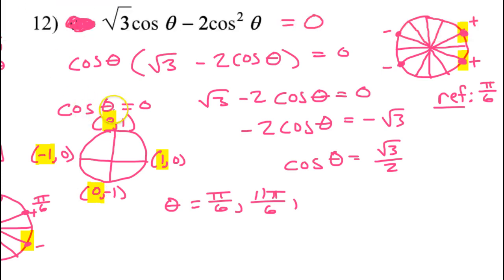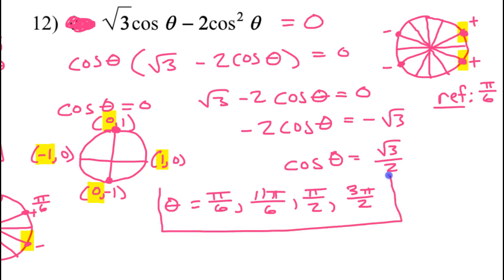Now we want the cosine to be 0. So that will happen here or here. All right, those two positions. So that's going to be pi over 2. So I'm going to add pi over 2 to the list and 3 pi over 2. So this will be the answer to number 12.